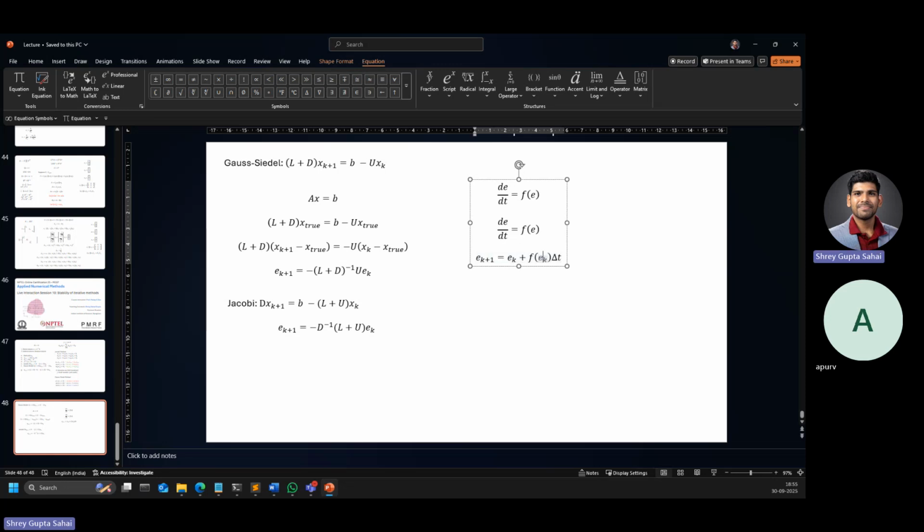Suppose f of e k was linear in e k. If I do that, then let's say kappa is the proportionality constant there, and you had e k. So essentially you would be writing something of this sort.